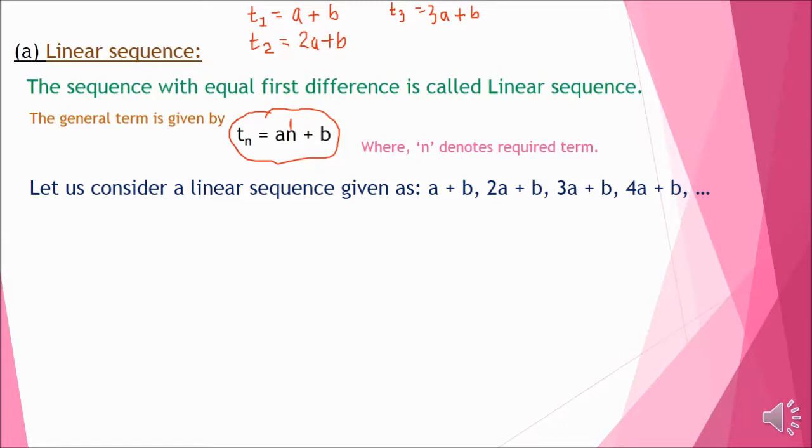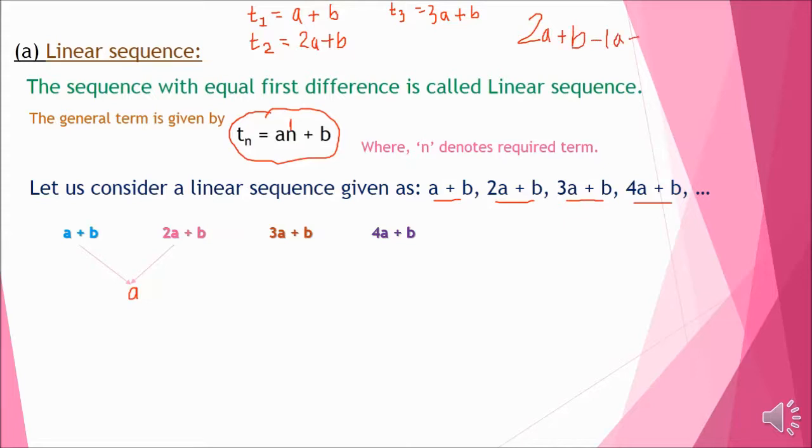So these are the linear sequence, isn't it? They are constructed from the formula of the general term of a linear sequence. So let's see the sequence. You can easily calculate the gap between these two is a. How to calculate? Let's see. 2a plus b minus (a plus b).